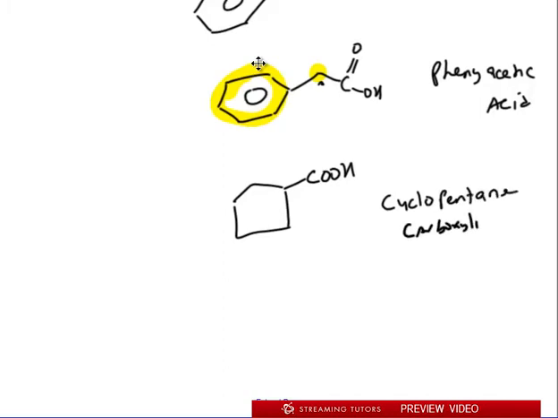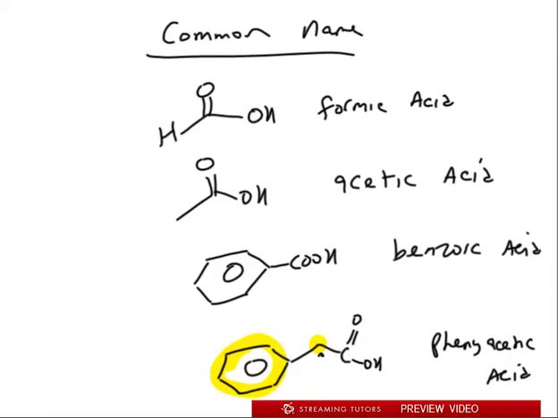Very simple. So it's named as you would pronounce it, as you would cite it. So it's a cycloalkane and then carboxylic acid at the end. Nothing special there. Cyclohexane carboxylic acid, cyclopropane carboxylic acid, and so on. So just realize that it's the real name of the ring, and then just add carboxylic acid to the end, and you're good to go. All right, so these are the nomenclature rules for carboxylic acids and for its conjugate base form.